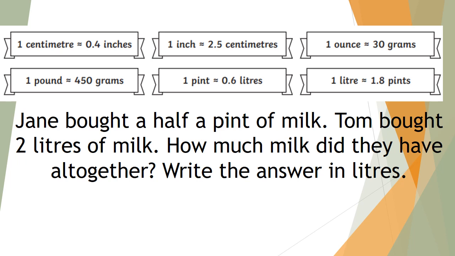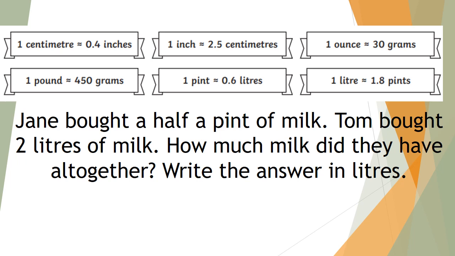If 1 pint is equal to 0.6 litres, what would half a pint be equal to? Excellent. Half a pint is equal to 0.3. So Jane has 0.3 litres of milk.